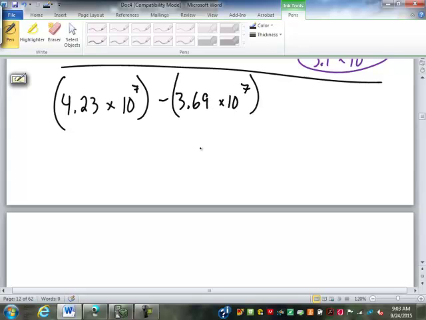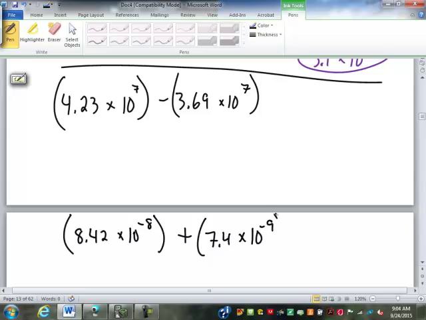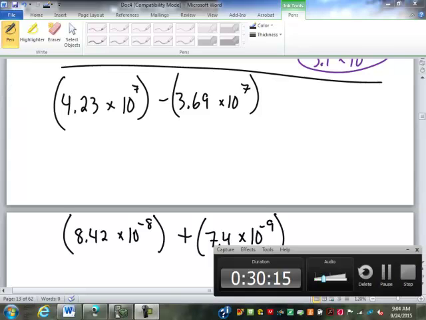I want you to do that one. And then also please try 8.42 times 10 to the negative 8th plus 7.4 times 10 to the negative 9th. Try those two in your notes quick.